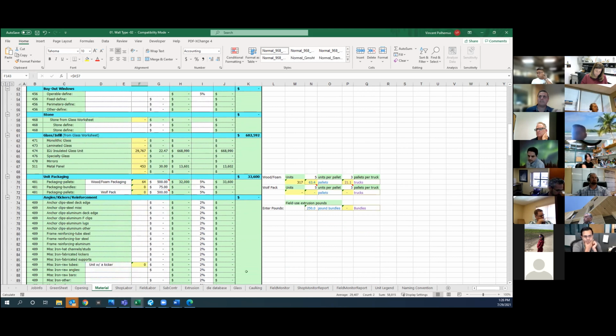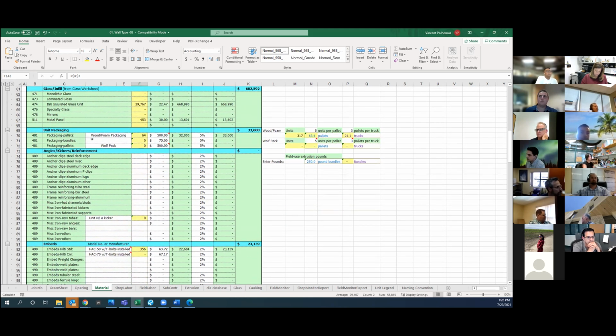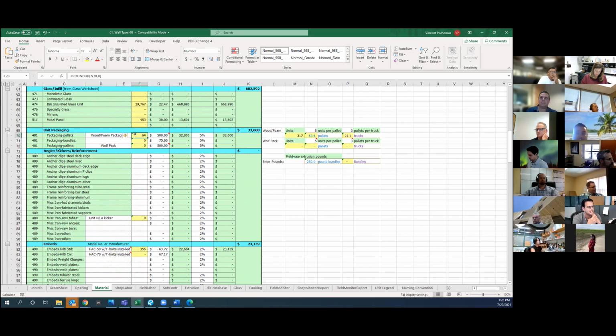So glass, you still want to go to your glass tab, but this provides an overall summary of what you have. But if you wanted to figure out what you had for packaging, for example, how many pallets you may have had, this is where you're able to see how many pallets they actually figured and how many units per pallet they actually figured.